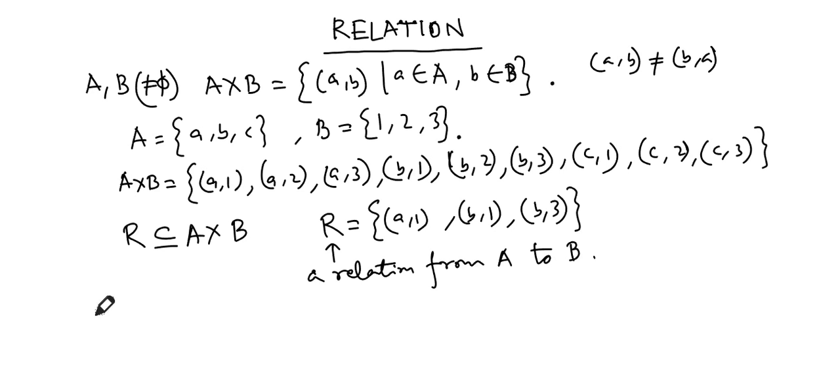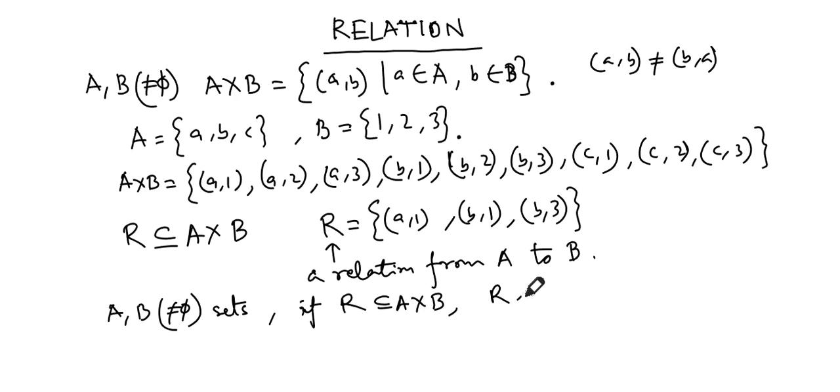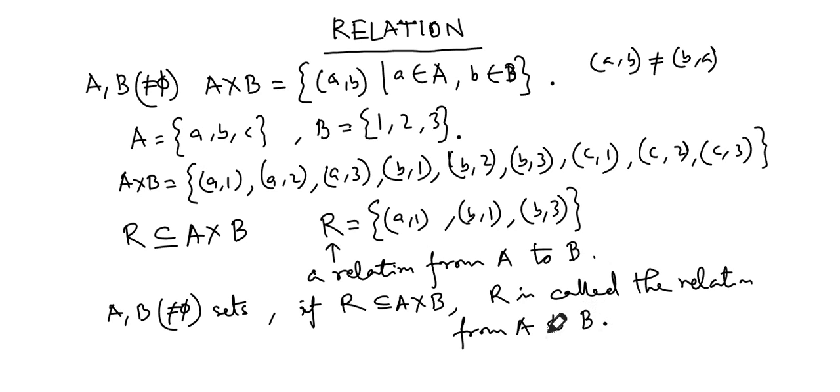So formally we may define it as: if A and B are two non-empty sets, and R is a subset of A cross B, then R is called a relation from A to B. And suppose (a,1) is a member of R, then in notation we may write it as a R 1.